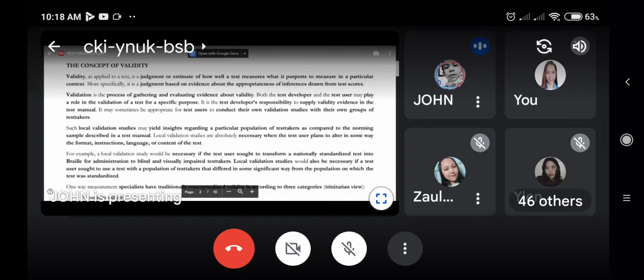Ngayon, gusto mo makita if this test is also applicable for the use here in the Philippine setting or in the Asian setting. So you can do a local validation. I-administer mo yun, and then you need to measure also the validity of the test para masabi natin na valid yung test in the context of Asians.